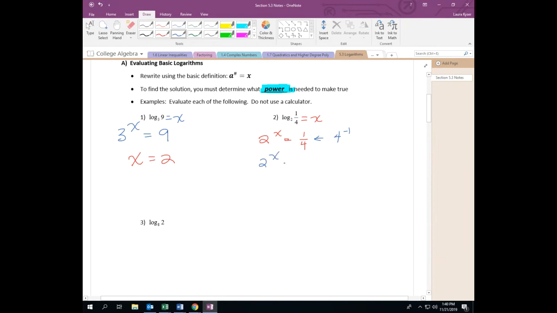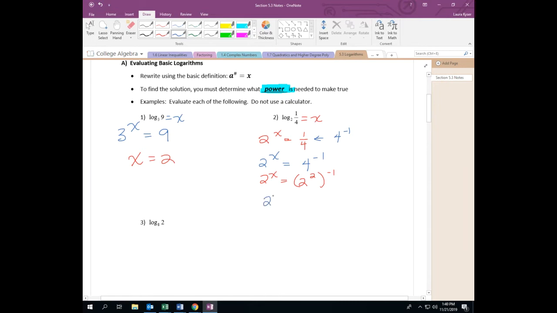2 to the x equals 4 to the negative 1 is more in line with things that we looked at in the last section. So I can rewrite 4 using a base of 2. 2 to the x equals 2 squared to the negative 1 power. Now the bases match like they did in the last section, and when the bases match, you can throw them out.